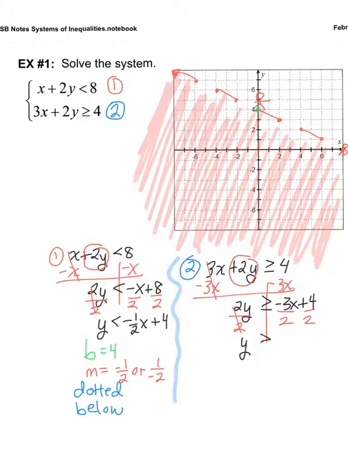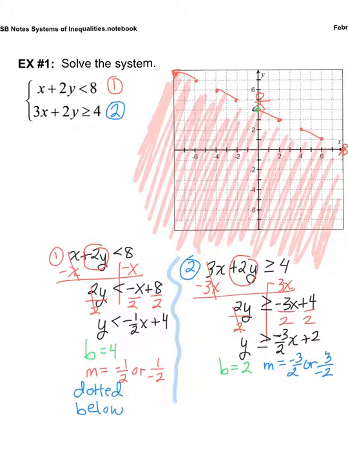So I have y greater than or equal to, take x out of the fraction, you have negative 3/2 x. 4 divided by 2 is 2. So I have a y-intercept of 2 and a slope that is negative 3 over 2, or change both signs, positive 3 over negative 2.